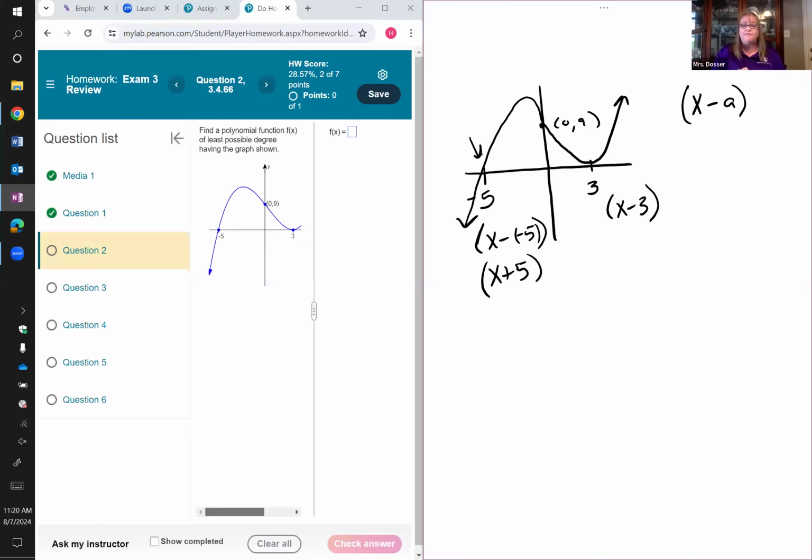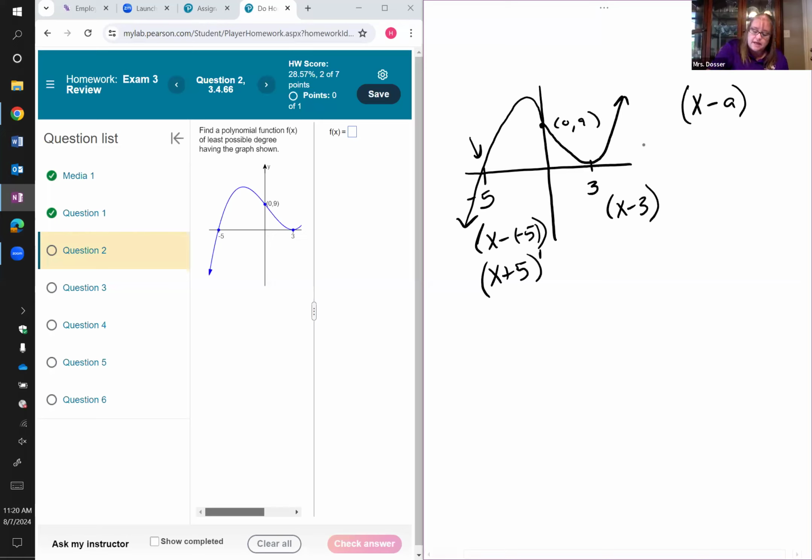That factor will occur an odd amount of times. Again, we want the least possible degree. So we're going to pick the smallest odd, and that would be 1. And so this factor occurs 1 time. So the x plus 5 occurs once, so x plus 5 to the first power.